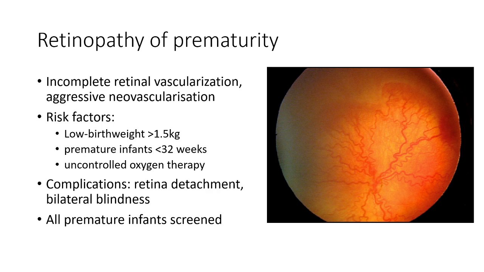Supplemental oxygen therapy is also a risk factor. Neovascularization and fibrous tissue formation may lead to retinal detachment and bilateral blindness. This is why all premature infants should be screened for retinopathy of prematurity.